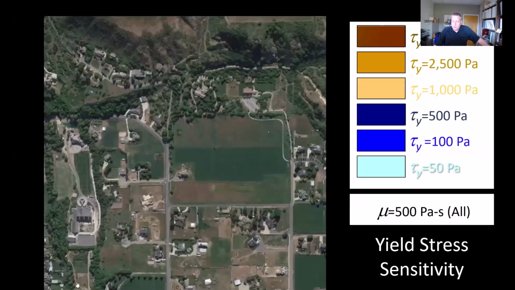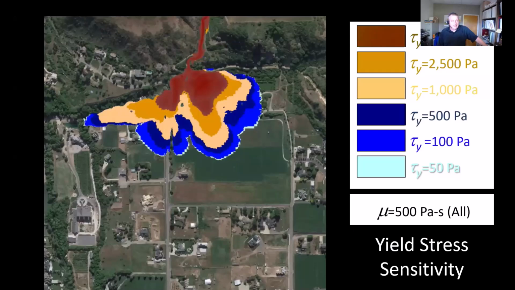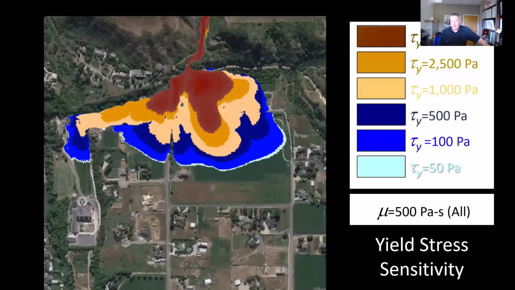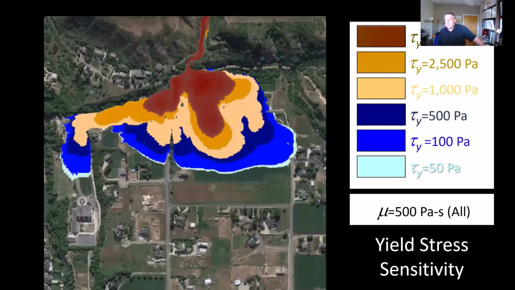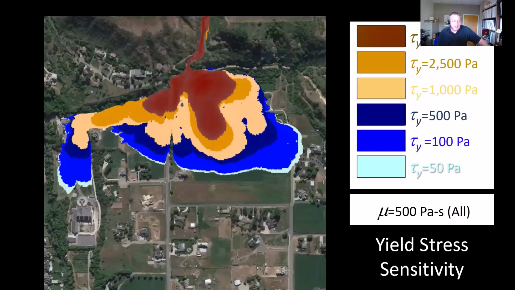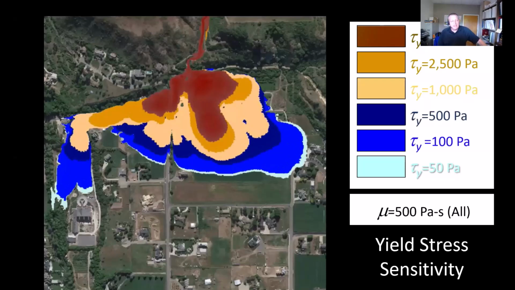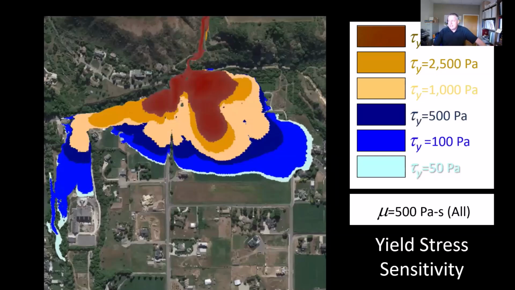And so this is an example of a debris flow that we actually predicted, and then it did happen, as opposed to a hindcasting. But we're running a little bit higher viscosity than we usually use here, but with a range of yield strengths. And you can kind of see how yield strength varies. But as we said, in the post-wildfire world, we're zeroing in on a range of yield strengths in the Western United States.